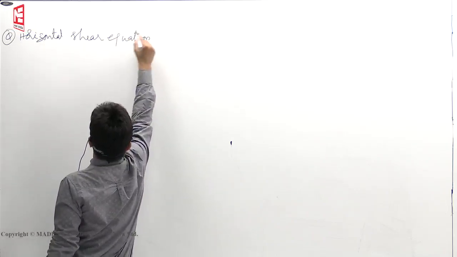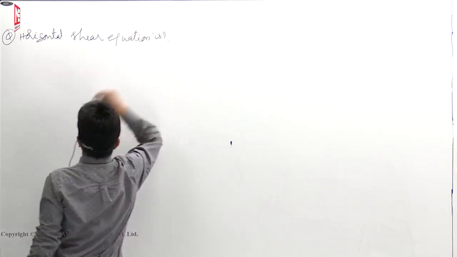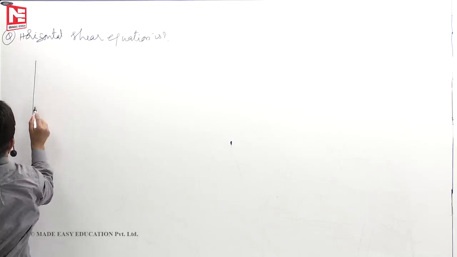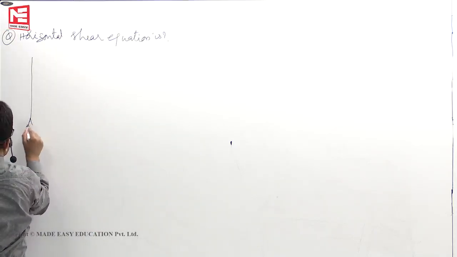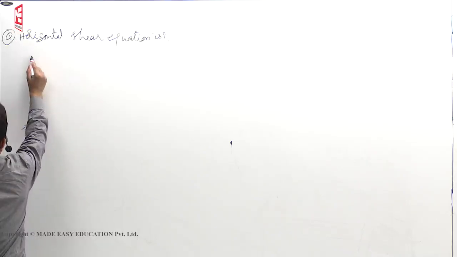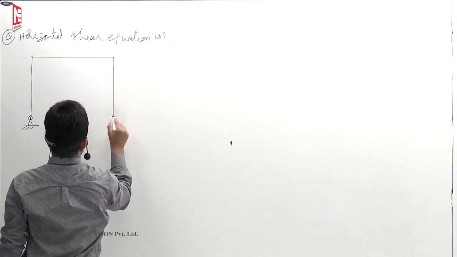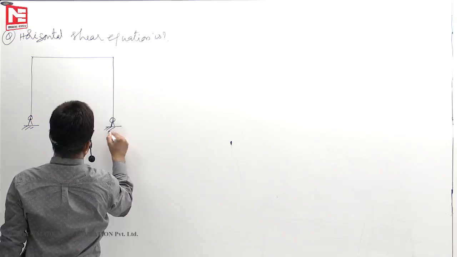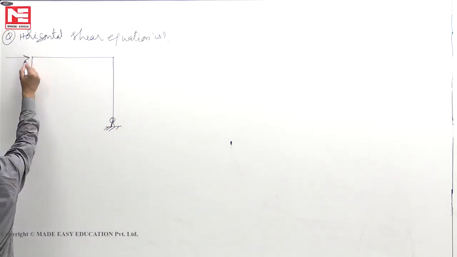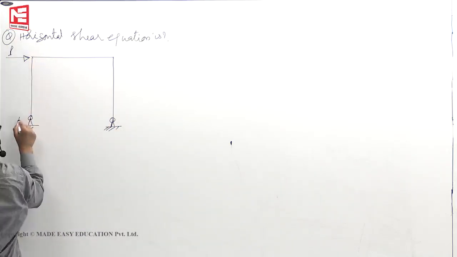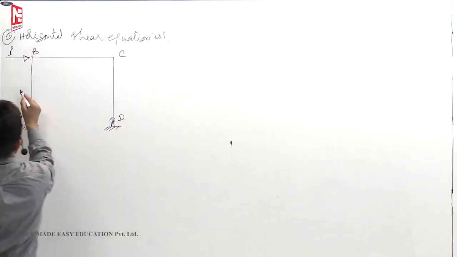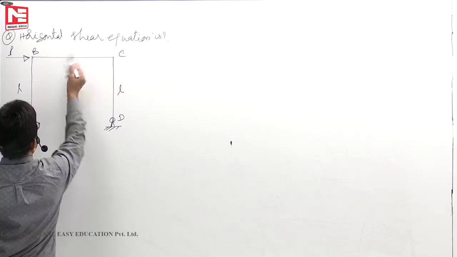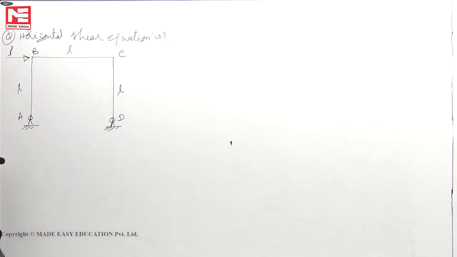Horizontal shear equation is. In one of the prelims, they have asked this question. Assume that we have applied a load P. These points say A, B, C, D. Length is L, L, some length L, whatever it is.